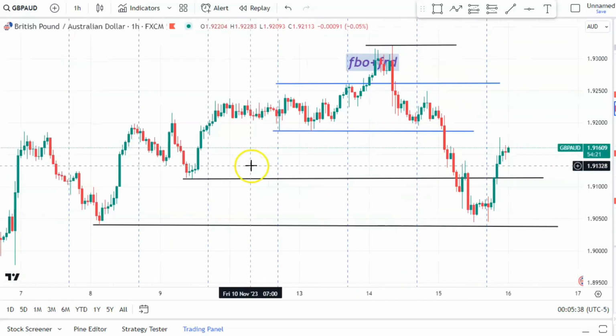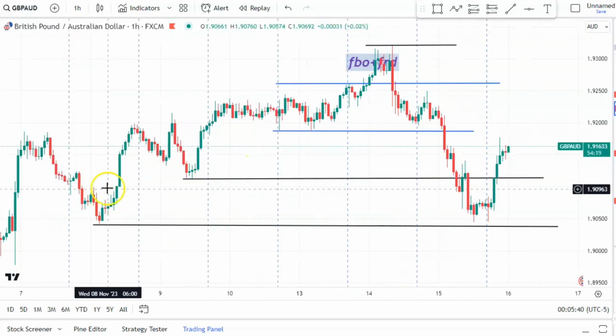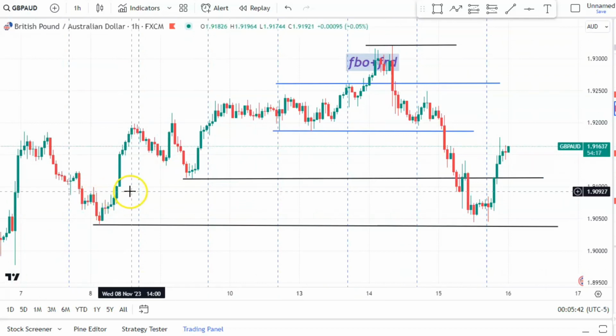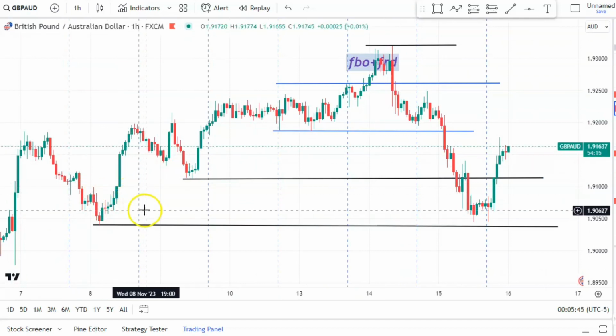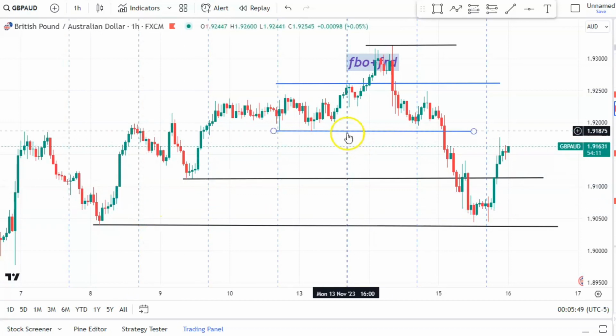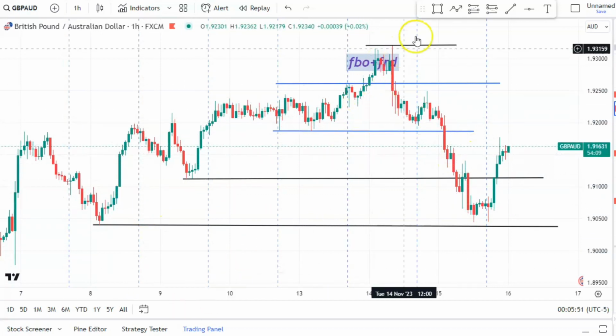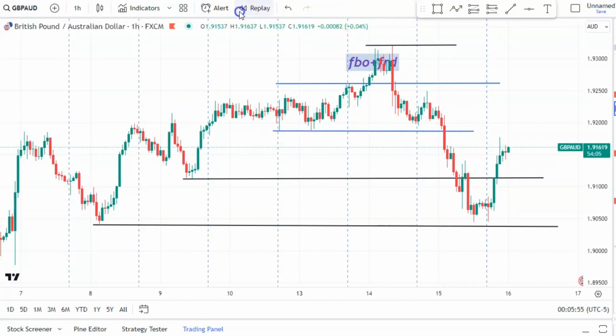So we are looking at maybe Wednesday's low because of Monday, Tuesday, Wednesday, the 3-day setup. So Monday, Tuesday, Wednesday, Thursday, Friday. These were levels where price could go back to.